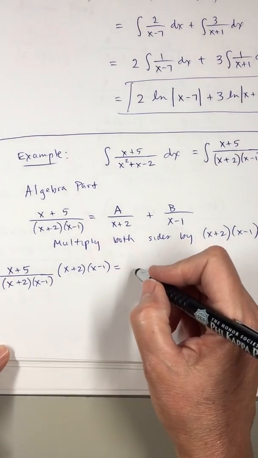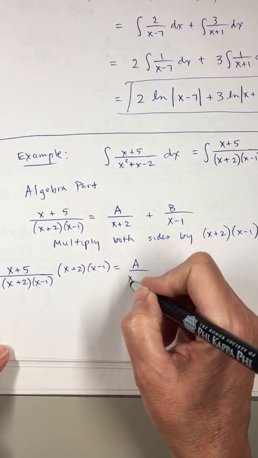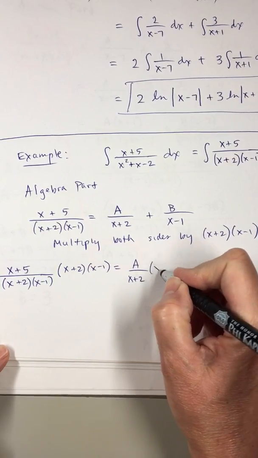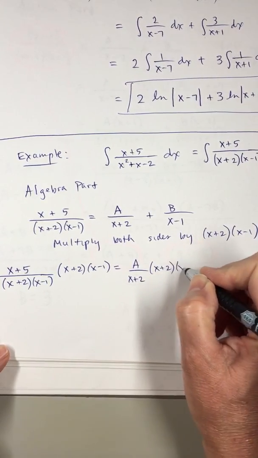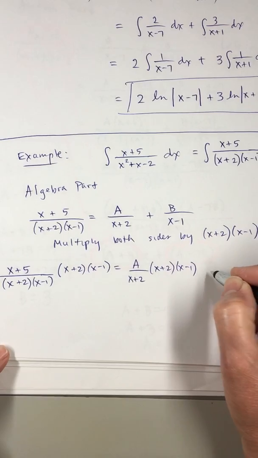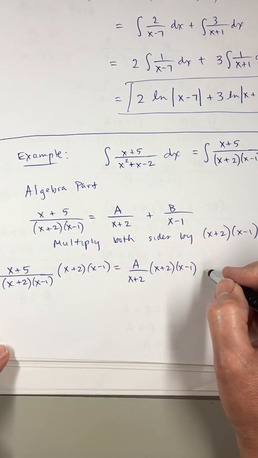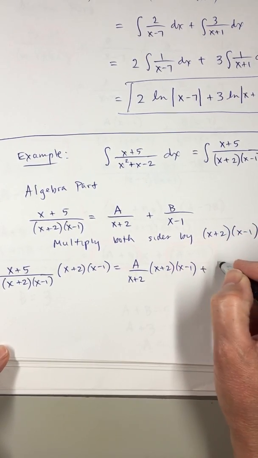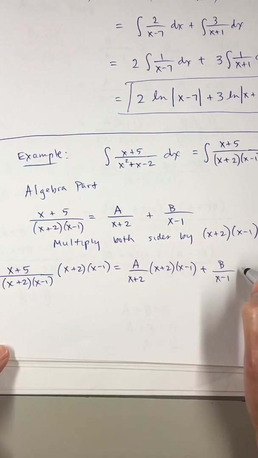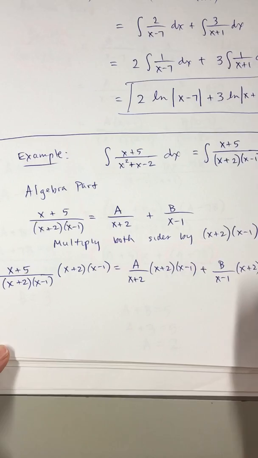Now the right side times that, really both fractions get multiplied by x plus 2 times x minus 1. So a over x plus 2 times x plus 2 times x minus 1, plus b over x minus 1 times x plus 2 times x minus 1.